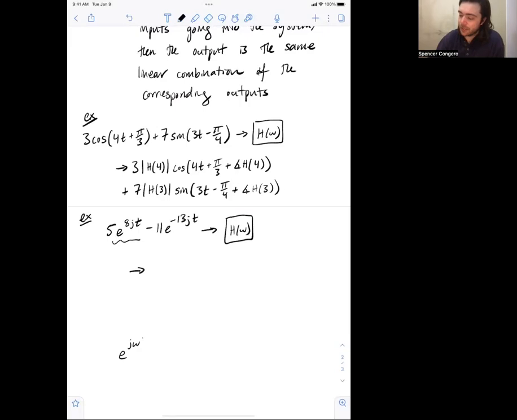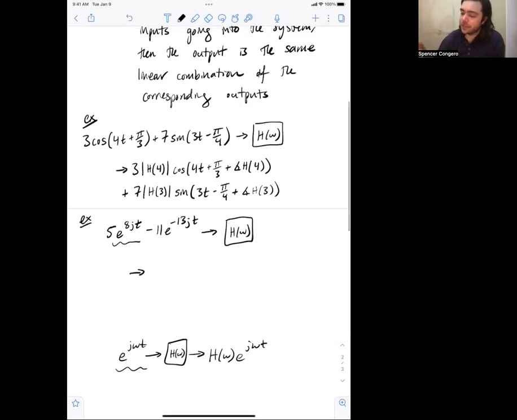E to the j omega t goes into a system with frequency response H of omega. What comes out? That word eigenfunction should remind you, it's the exact same as our input, just multiplied by the frequency response. So this one relationship is kind of, as we said in that video, encapsulating the two relationships we derived for just cosine and sine.